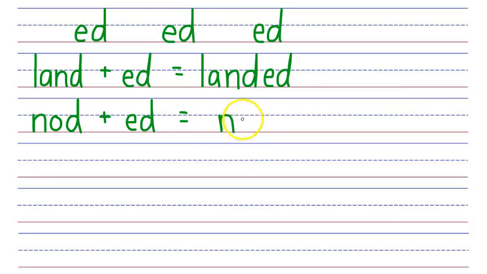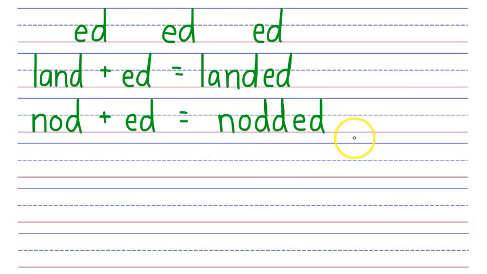And now we have an N that says n, an O that says ah, two D's to say d, and ED that says ed.